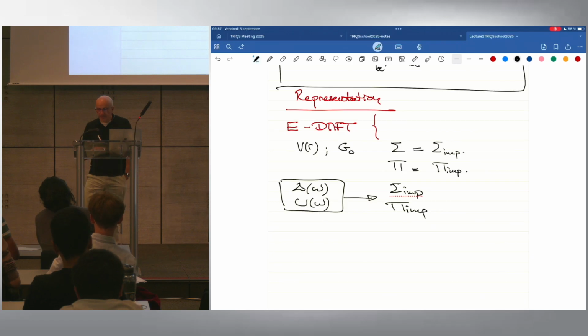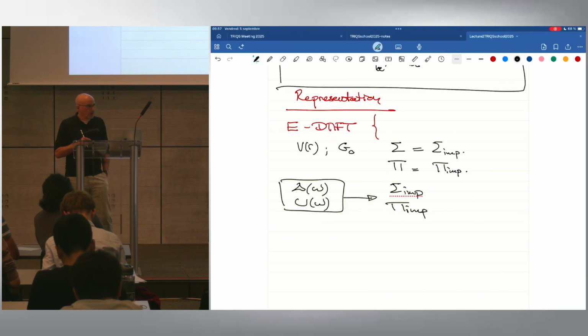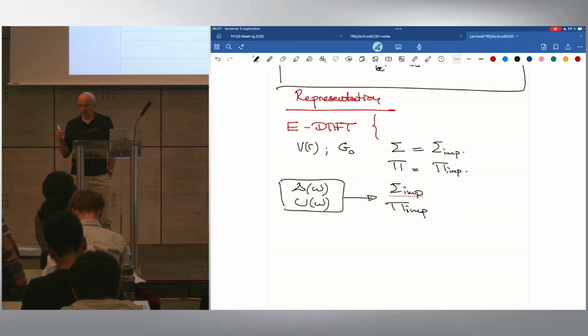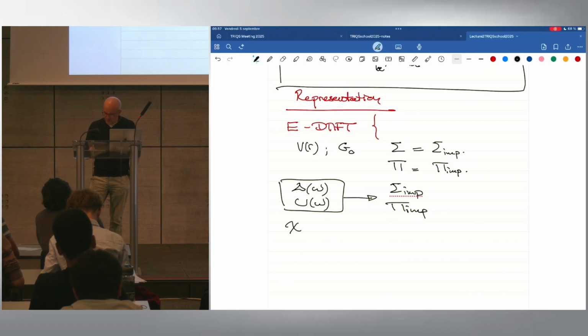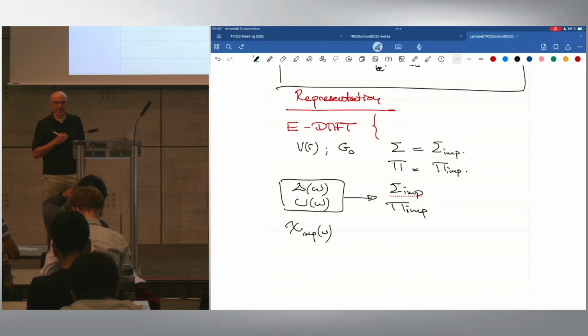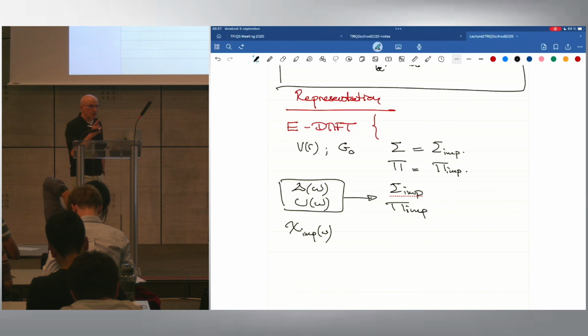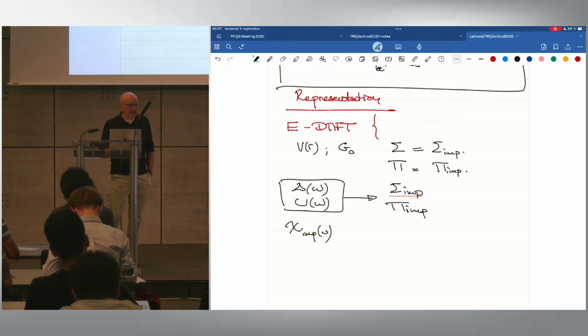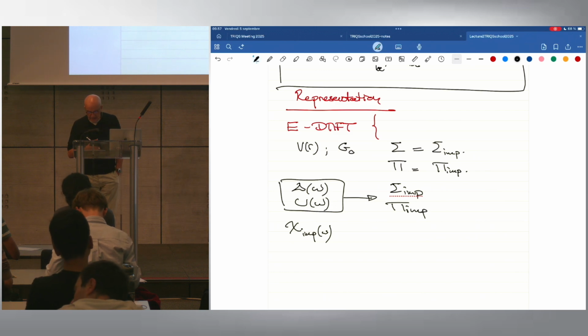I do this by first computing the density-density correlation of the impurity problem. So I compute chi impurity of omega. So you see that this is much more demanding because I have to compute not only a single particle Green's function, but a two-particle density-density correlator, local. Okay?